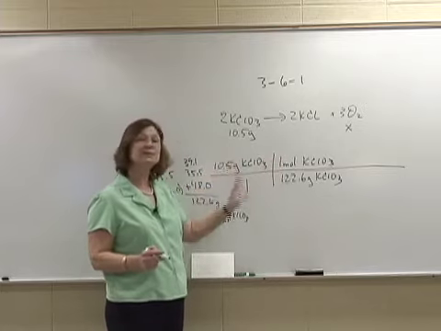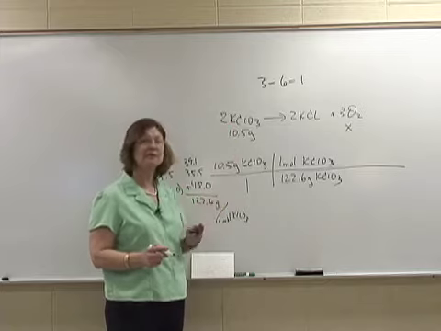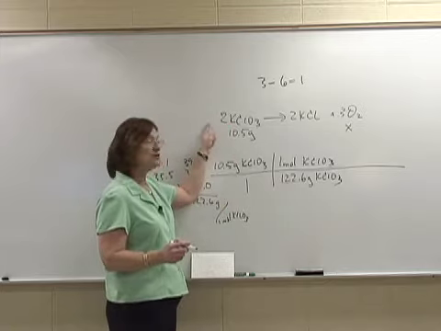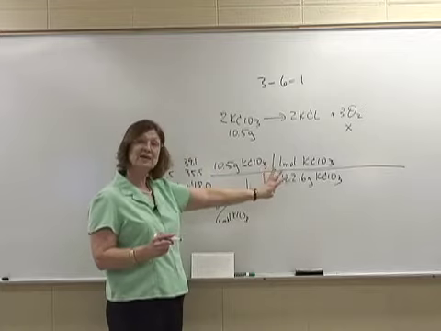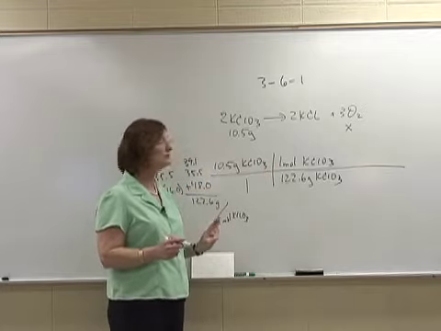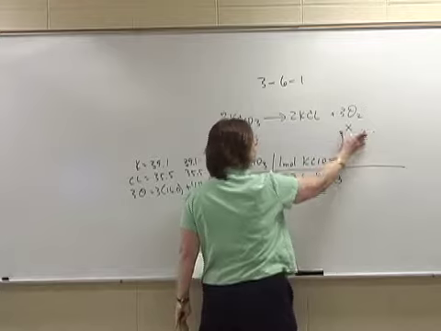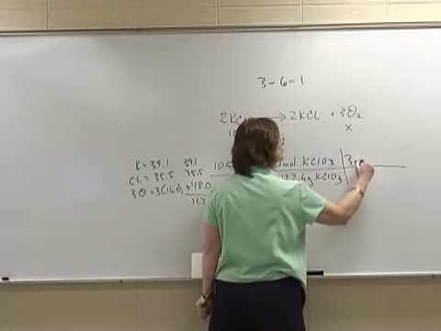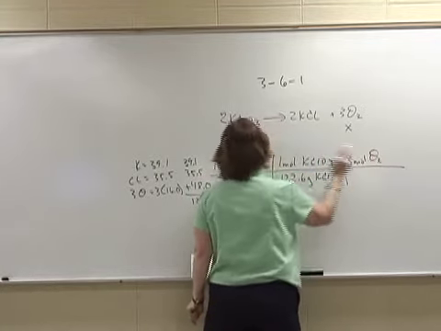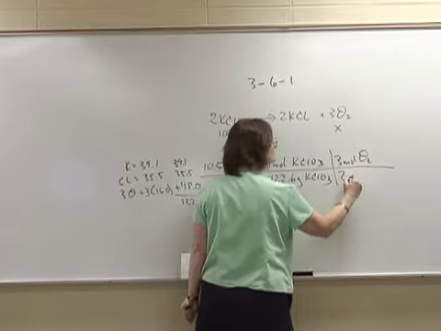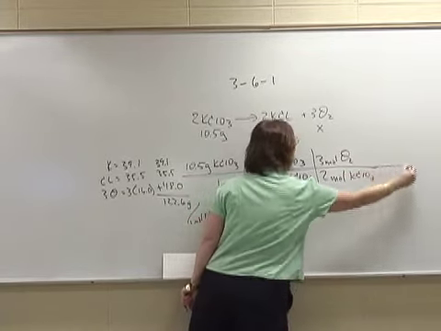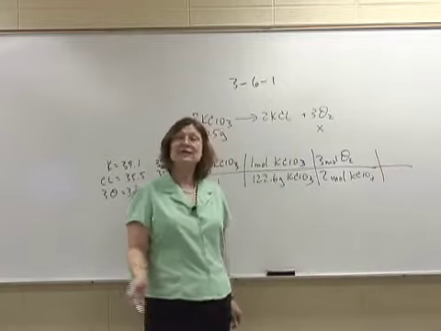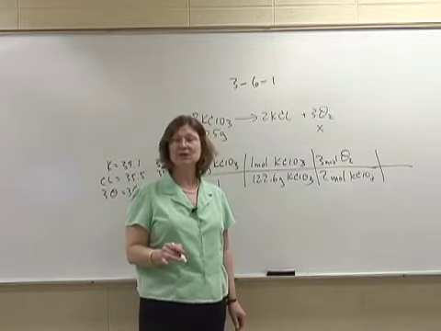Now, in order to change from one compound to the other compound, I must use the balanced equation. This is my recipe. And it is only this middle step when I'm changing compounds that I use this. And what I'm looking for goes in the top. There are 3 moles of oxygen for every 2 moles of potassium chlorate. And then the final step is what is different in this new material.